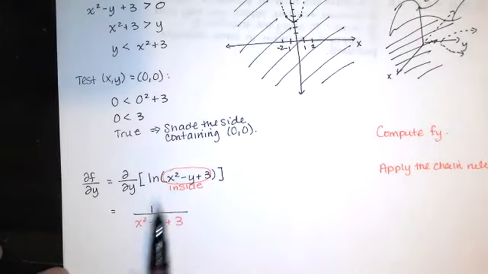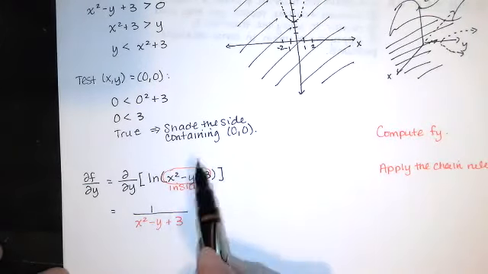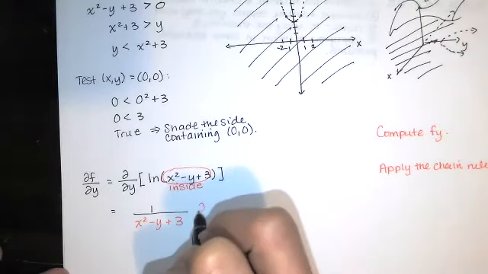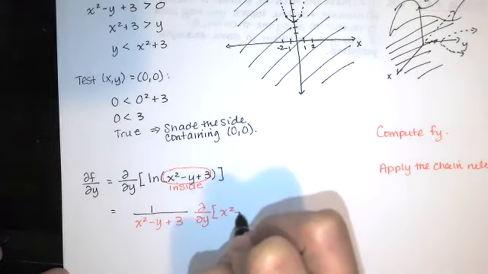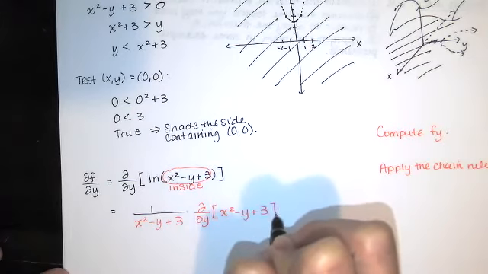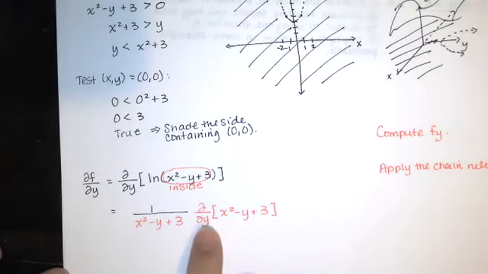So we have the derivative of the outside evaluated at the inside, so you put it back in, and then you multiply by the derivative of the inside. Now this derivative is not 2x minus 1. When you're taking this derivative, you treat x as a constant and y as your variable.